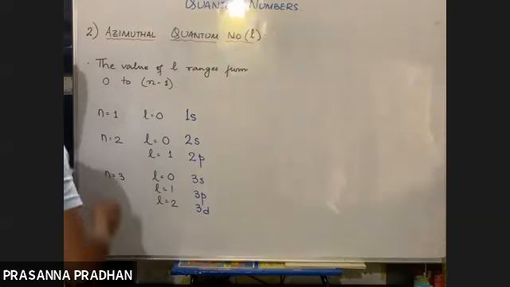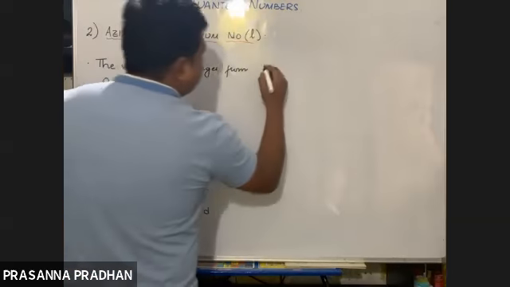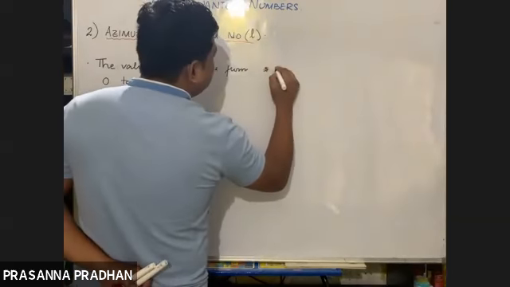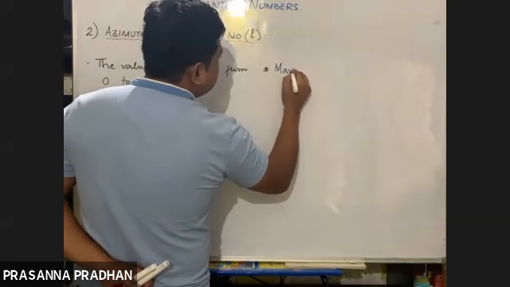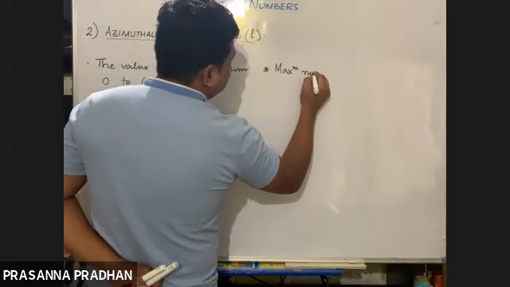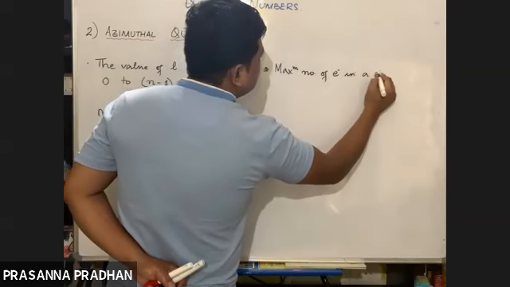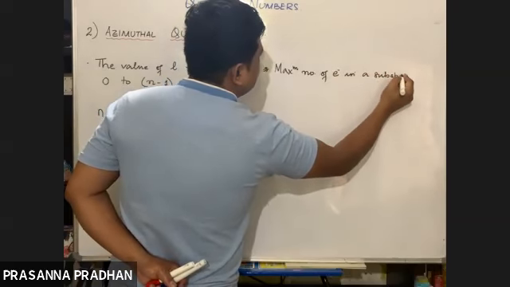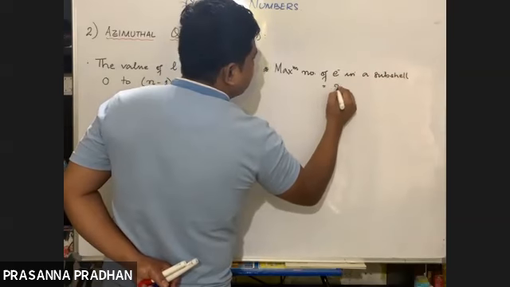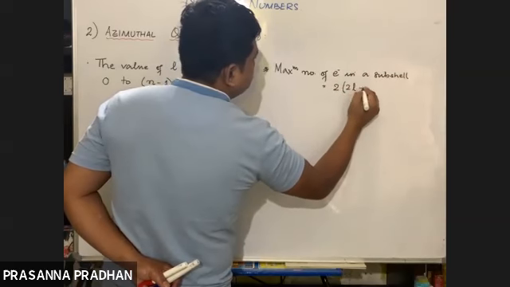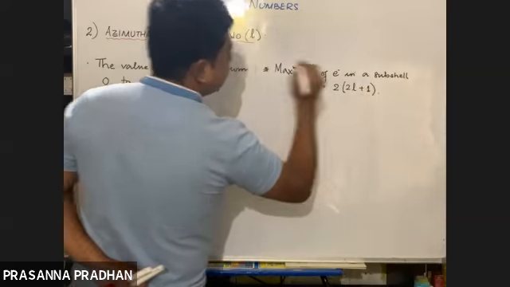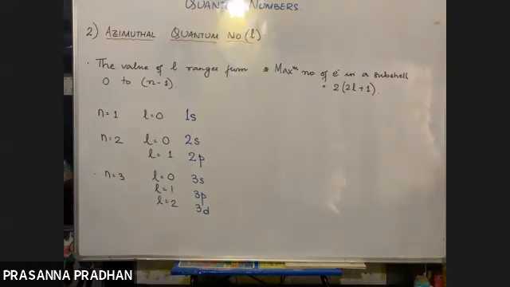Now third, it helps us calculate the maximum number of electrons in a subshell. This is given by the formula 2L plus 1.